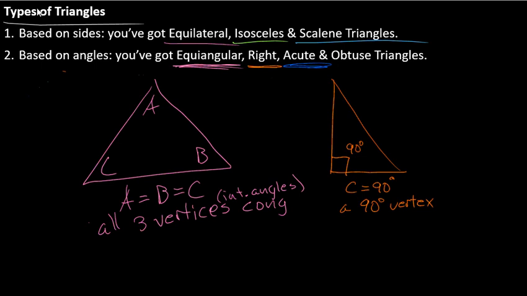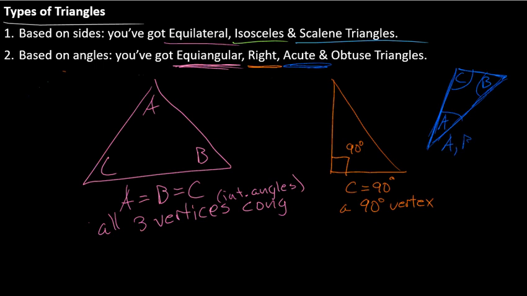Okay, acute triangles. Oops, that was a bad example. But an acute triangle, so you have vertex A, B, and C, right?